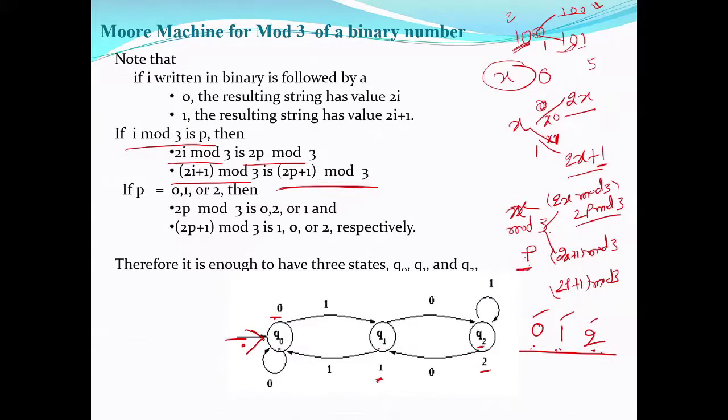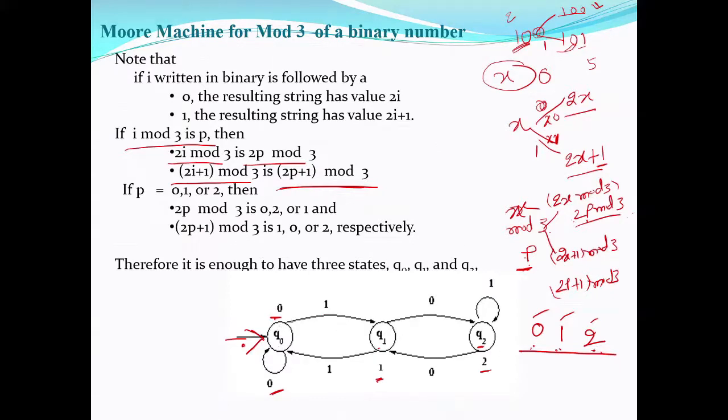Its remainder is 0. And now if the number is added with 0, what happens to the remainder? 2p mod 3, that is 2 into 0, 0 mod 3 is 0. So the remainder is also 0. So on 0, Q0 is going to Q0, right? On 1, let us see on 1. When the previous state is Q0, it means the remainder is 0.